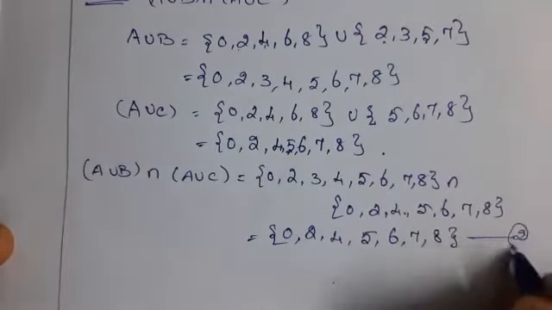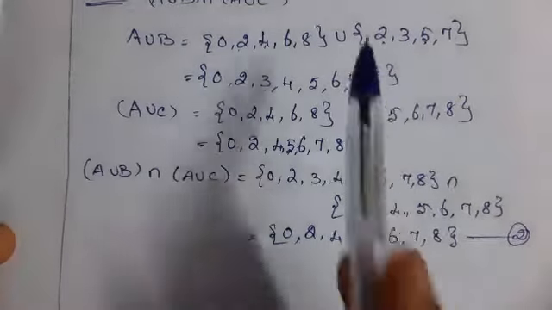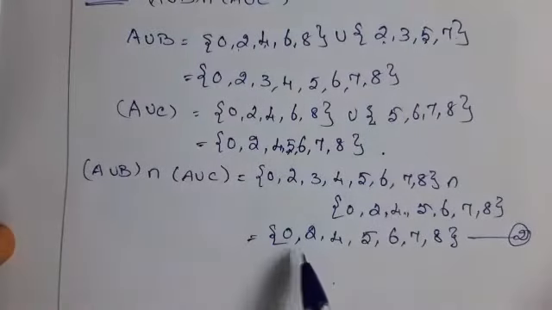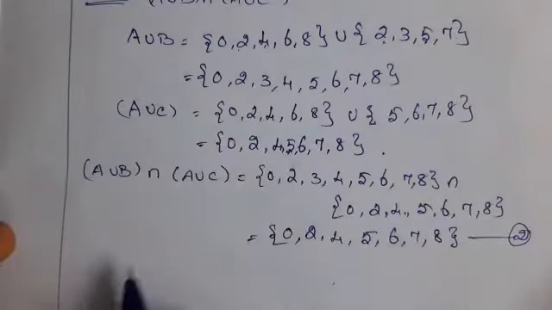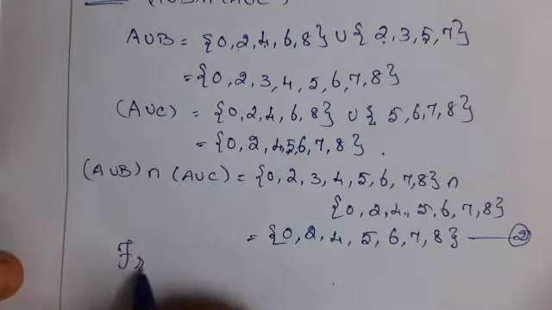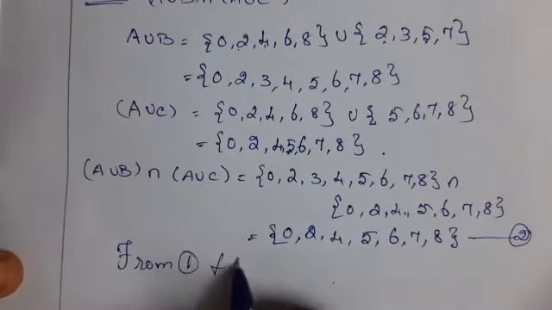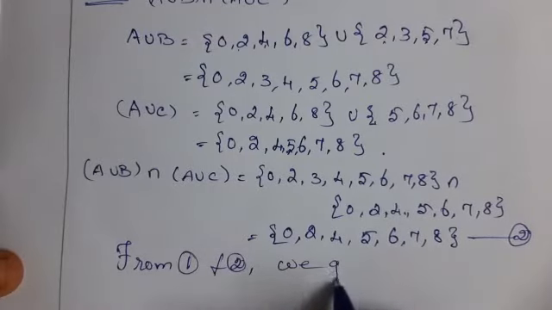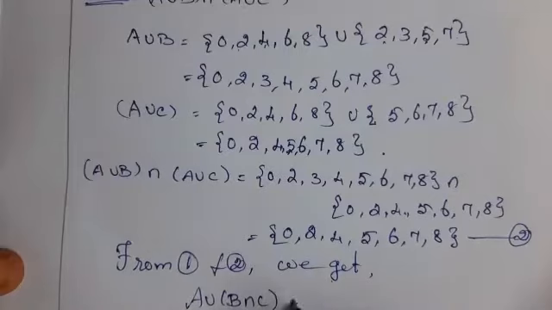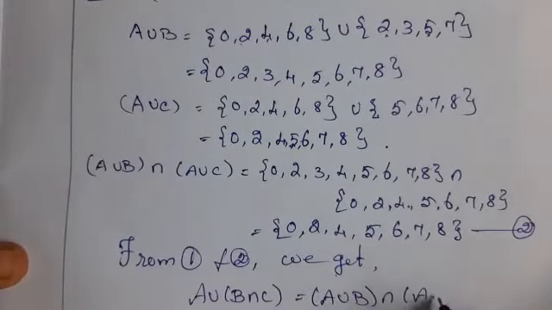Take it as equation 2. Now see equations 1 and 2: 0, 2, 4, 5, 6, 7, 8. Both the elements are equal. Therefore, from 1 and 2, we get A union B intersection C is equal to A union B intersection A union C.